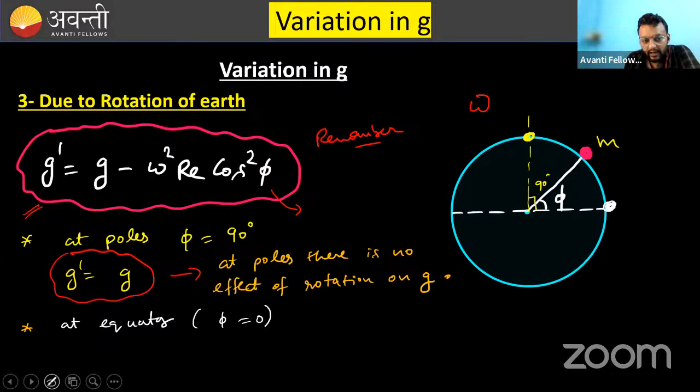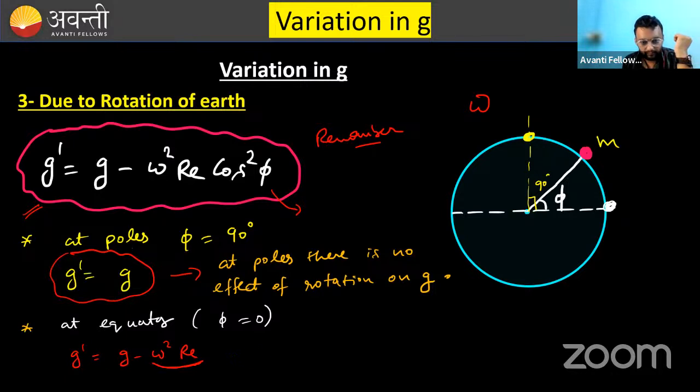And if phi becomes 0, you can say that g dash is equal to g minus omega square R_E, because cos 0 is 1. Can you see that the maximum effect is there? Because the maximum value is decreased.